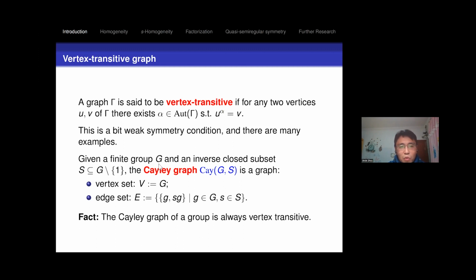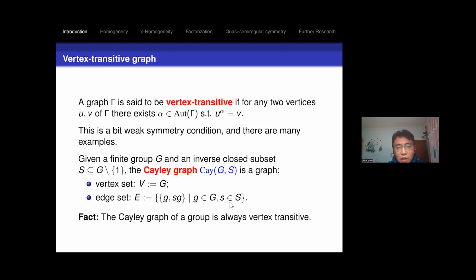Given a finite group G and an inverse closed subset S of G, which does not contain the identity of G, the Cayley graph Cay(G,S) is a graph with vertex set G, and every element g in the group G is adjacent to sg.